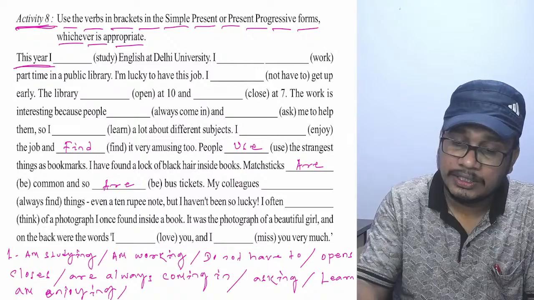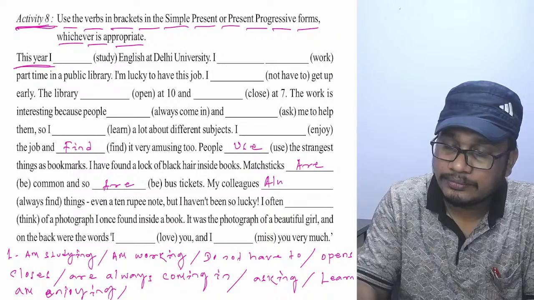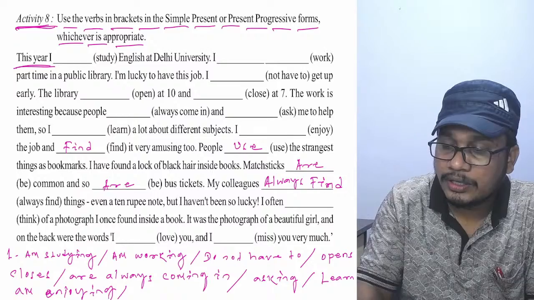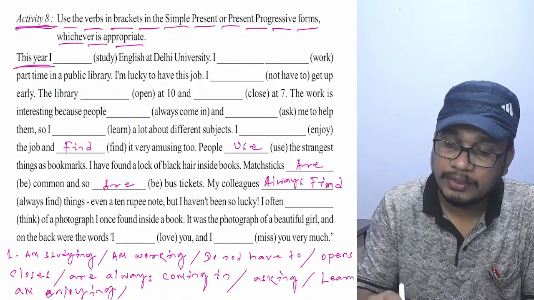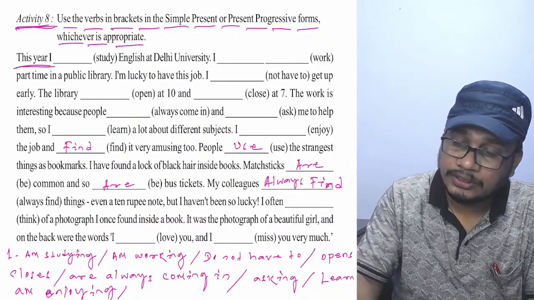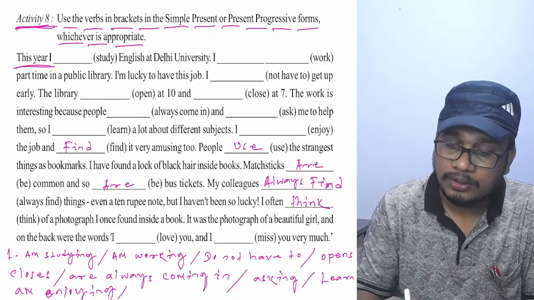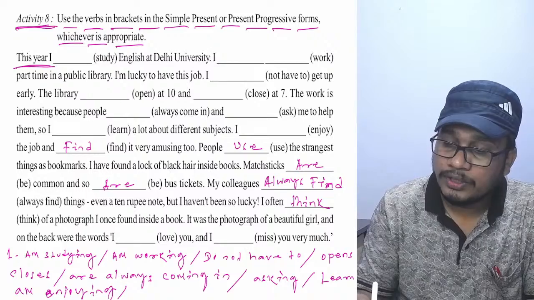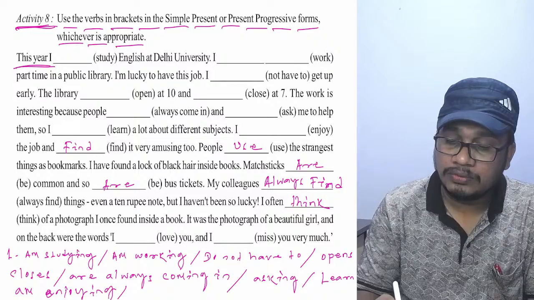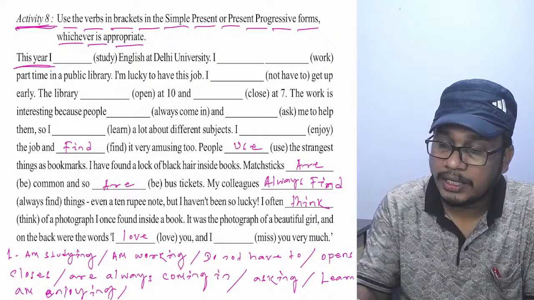My colleagues always find things, even a 10 rupees note. But I haven't been so lucky. I often think of a photograph I once found inside a book. It was the photograph of a beautiful girl, and on the back were the words I love you, and I miss you very much.